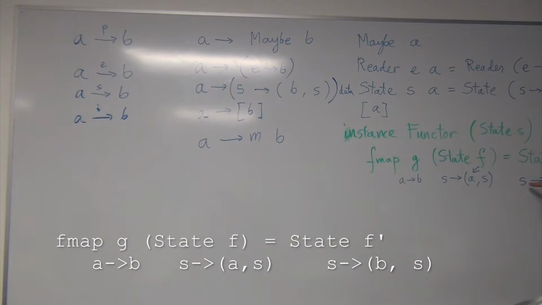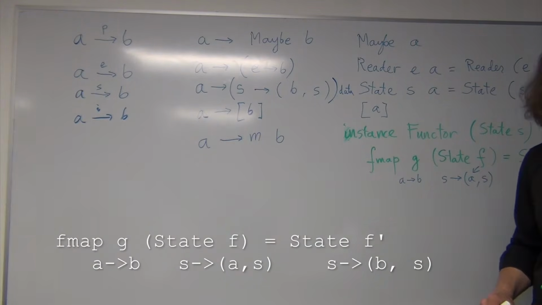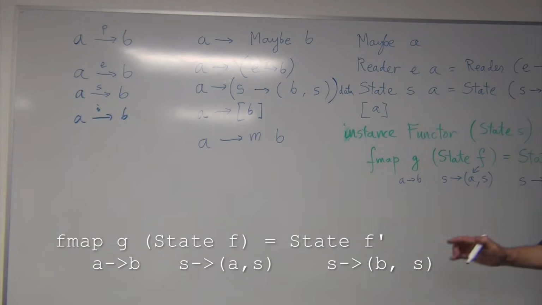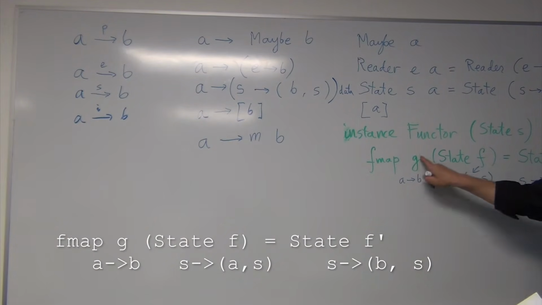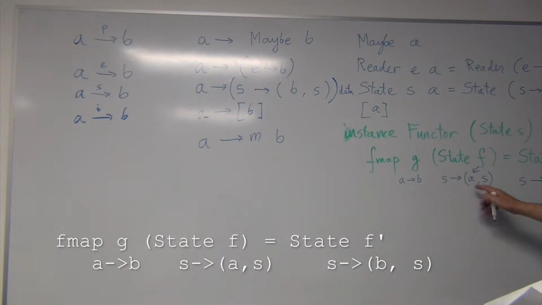And state s b contains a function from s to b s. It's a little bit convoluted, but really this is the only thing that we can put there. So this f prime is this function, this f is this function, this g is this function, and we are moving from a to b under our functor.